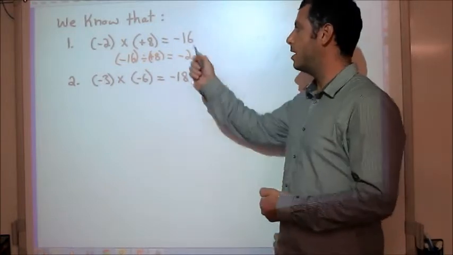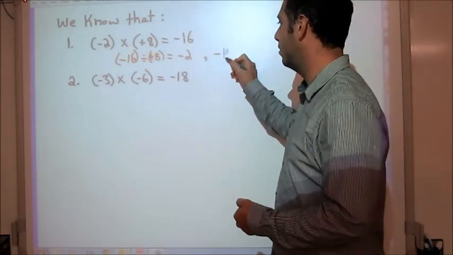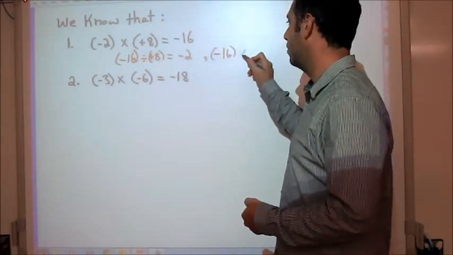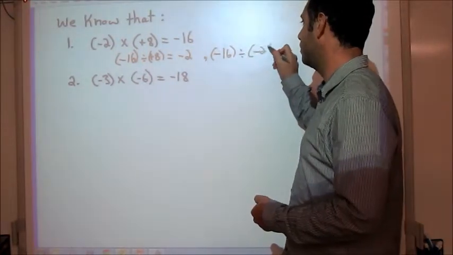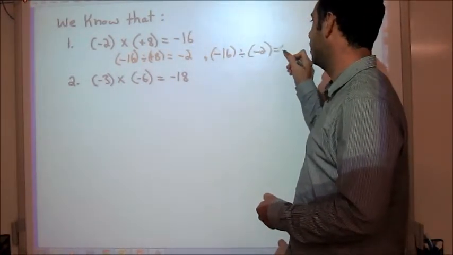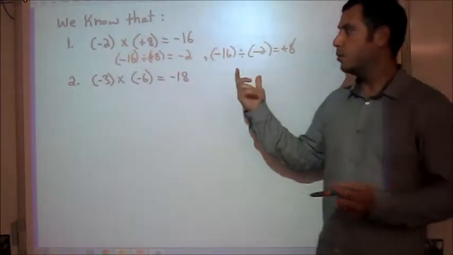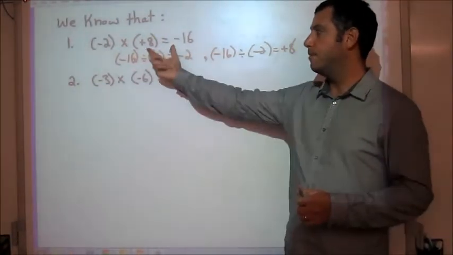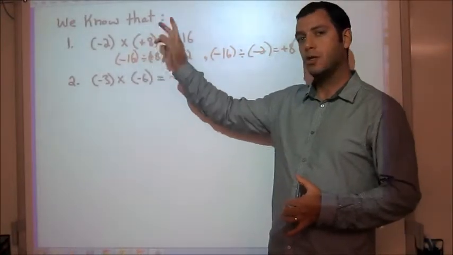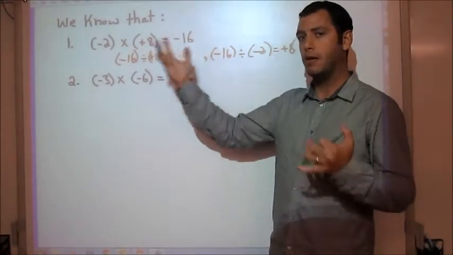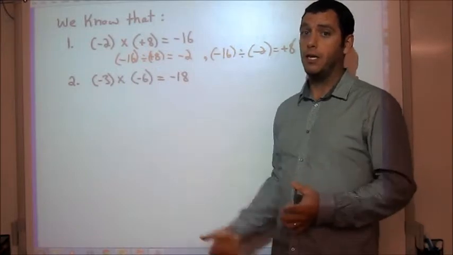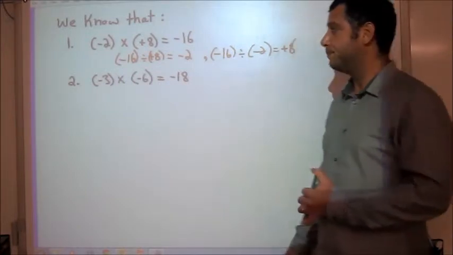And we should also know that negative 16 divided by negative 2 is going to equal positive 8. So what you're doing is you're just reorganizing these values, changing the operation, and demonstrating that you understand that relationship.